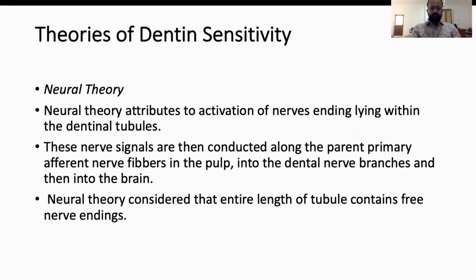These nerve signals are then conducted along the parent primary afferent nerve fibers in the pulp and onto the dental nerve plexus and then onto the brain. Neural theory considers that the entire length of the tubule contains nerve endings.